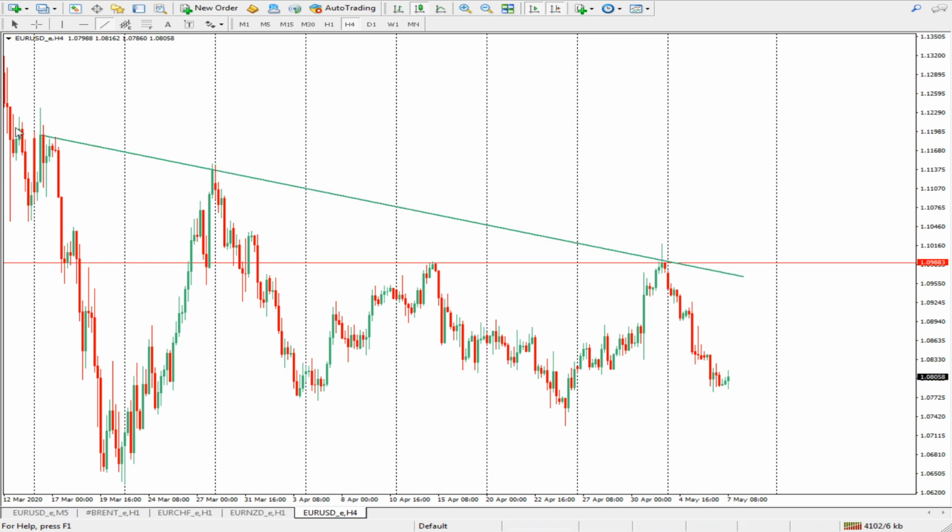So we have a resistance, we have a resistance, we have this as a resistance. Then there's the lower one. We have this, the lower support. So if you are looking at this chart the way I'm looking at it, this should give us maybe some place to look for a buy from.